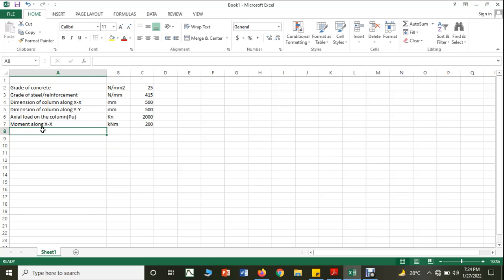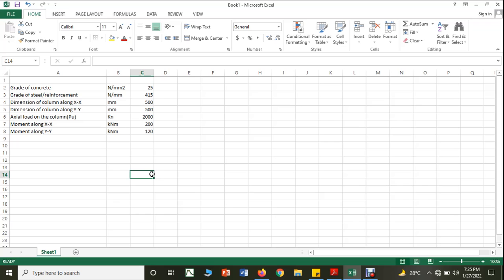Similarly, I can write the moment along YY direction, also in kilonewton meter, and let us give that value as 120. So the moment along XX and the moment along YY are 200 and 120.